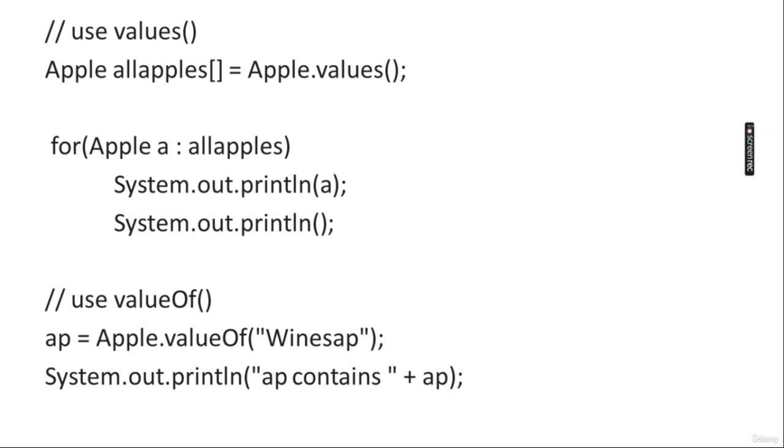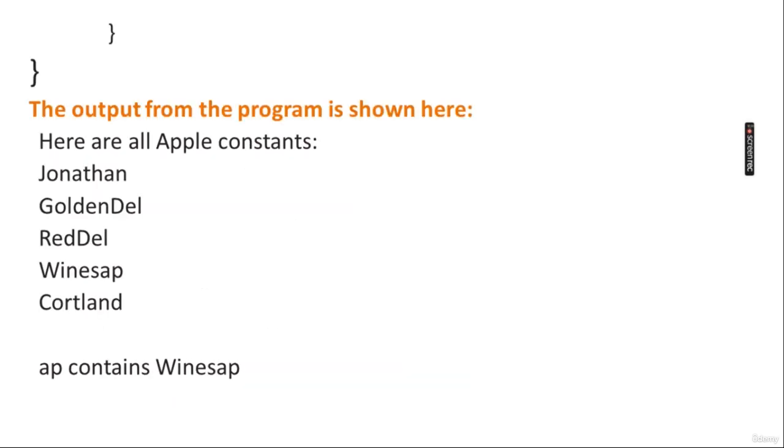Then new line. Then use the valueOf method, apple.valueOf Winesap. So the Winesap value will be stored in AP, and AP contains AP will be displayed. So output: here are all apple constants: Jonathan, Goldendale, Reddale, Winesap, and Cortland. And AP contains Winesap.